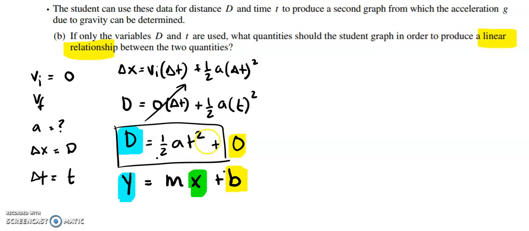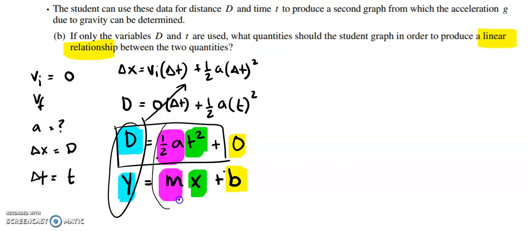That's going to be t, but it's squared, so x is going to be t squared. That leaves our slope, m, as 1/2 a. So d is y, 1/2 a is m, and t squared is x. So I'm going to need to graph d versus t squared in order to produce a linear relationship.